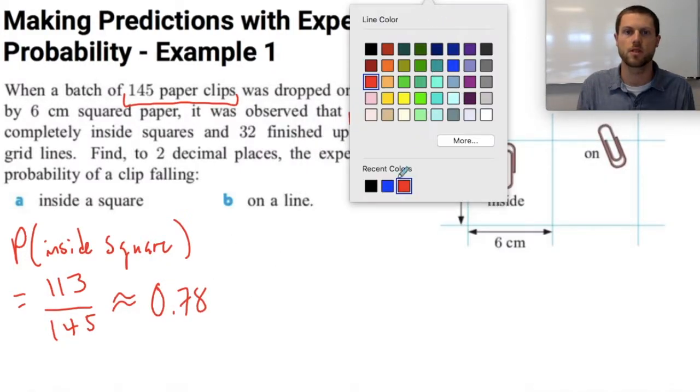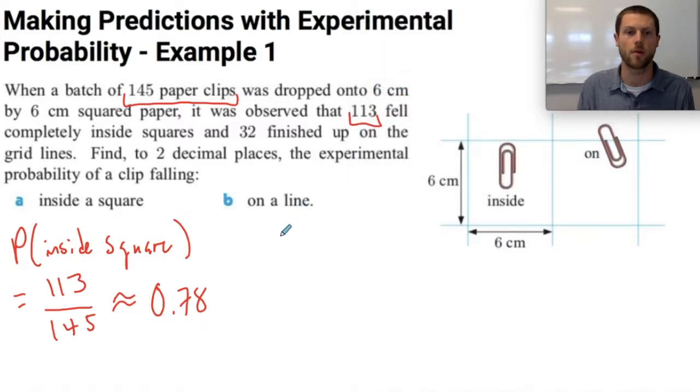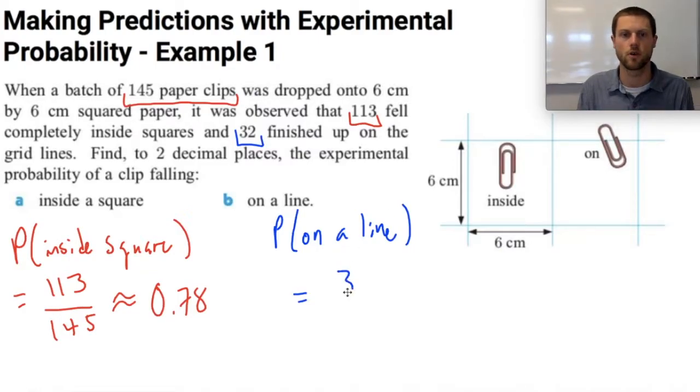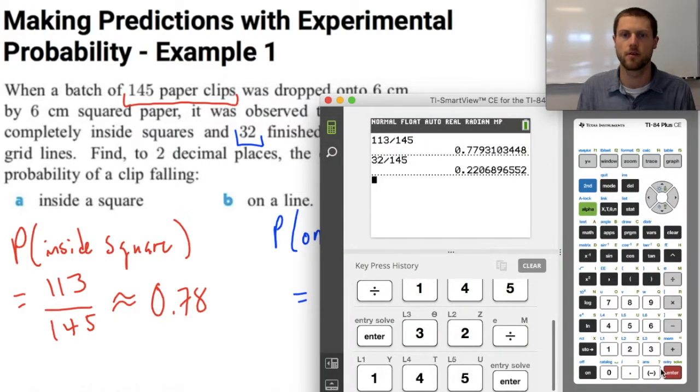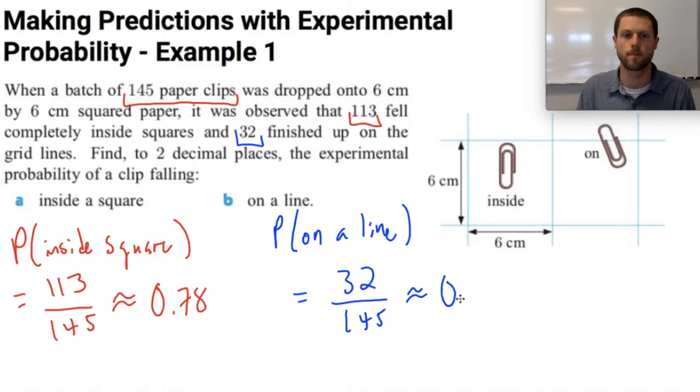And then if I want to do the same thing by calculating the experimental probability of falling on a line, just like before, I'm going to take my number of occurrences that fit the restriction, so 32 of these are successes falling on the line, divided by the total number of paper clips, which is still 145. And that's going to equal approximately 32 divided by 145 is 0.22.